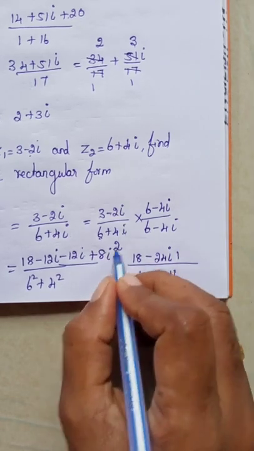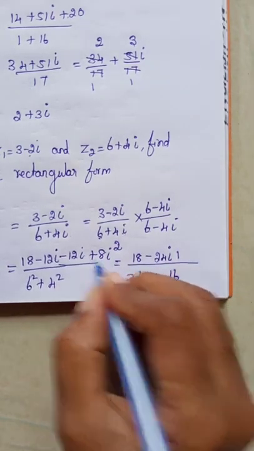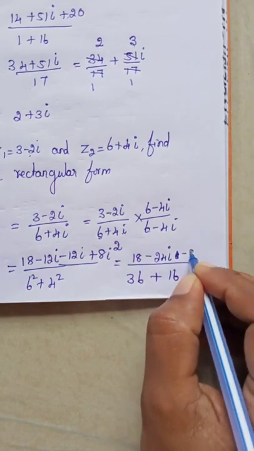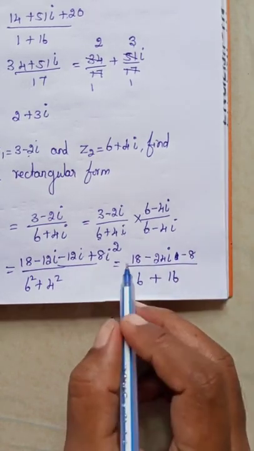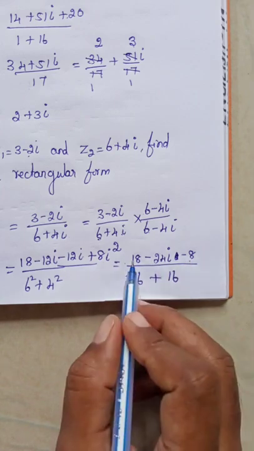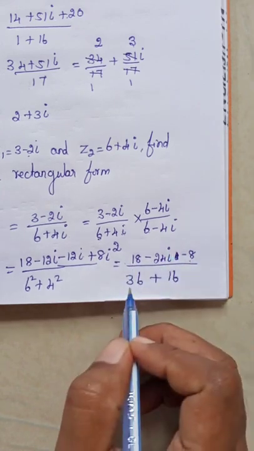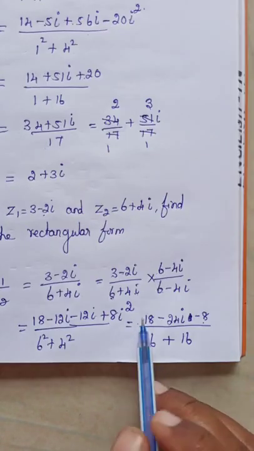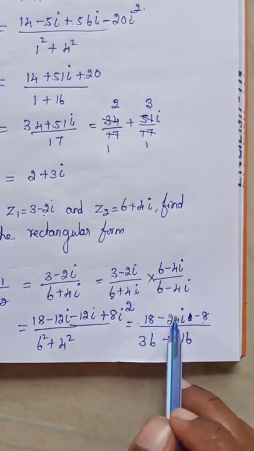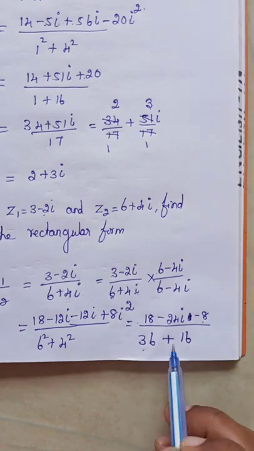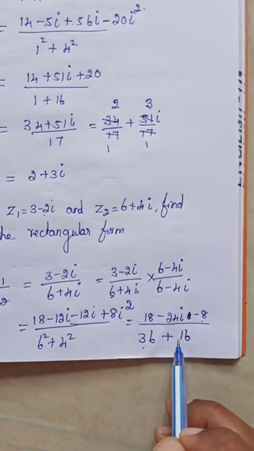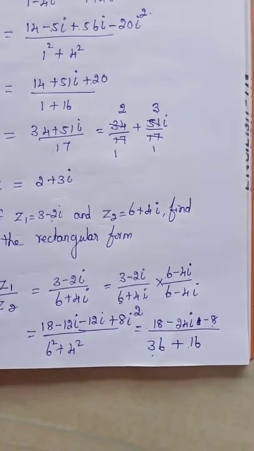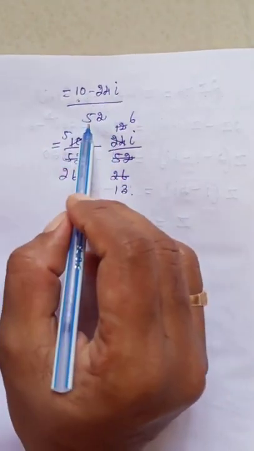Sorry, this is i square, the value is minus 1, so we will be getting minus 8. Now, 18 minus 8, 10. 10 minus 24i divided by, 36 plus 16, that is 52. See, 10 minus 24i by 52.